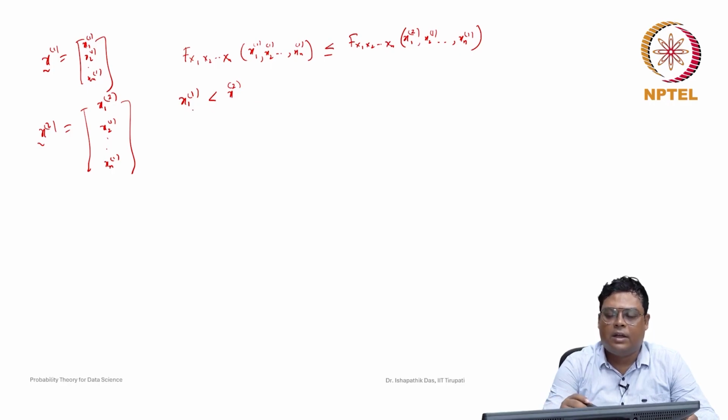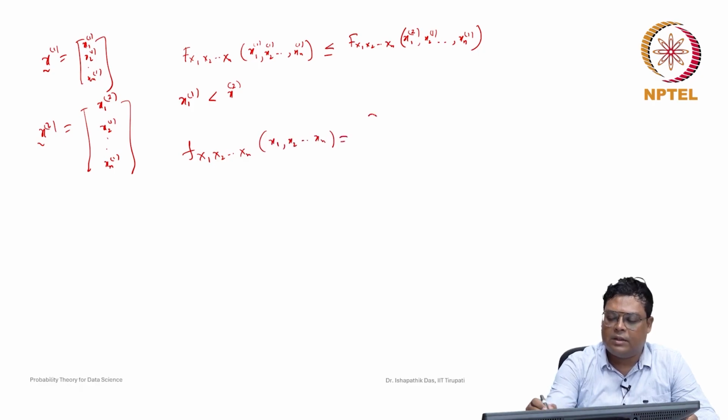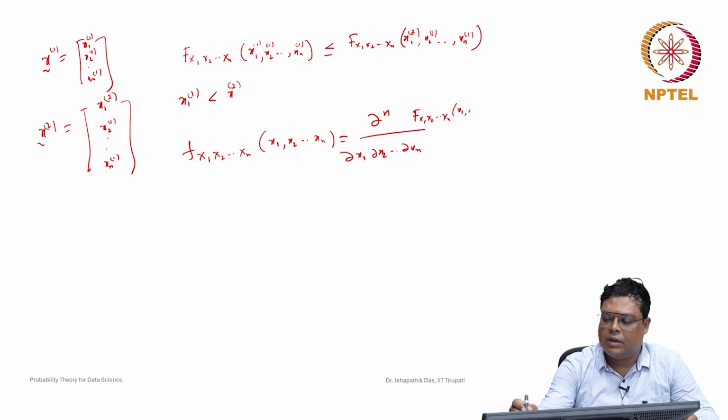In that case the partial derivative with respect to every variable will be greater than or equal to 0, that is, the derivative del x1 del x2 ... del xn of f(x1, x2, ..., xn) will be greater than or equal to 0.